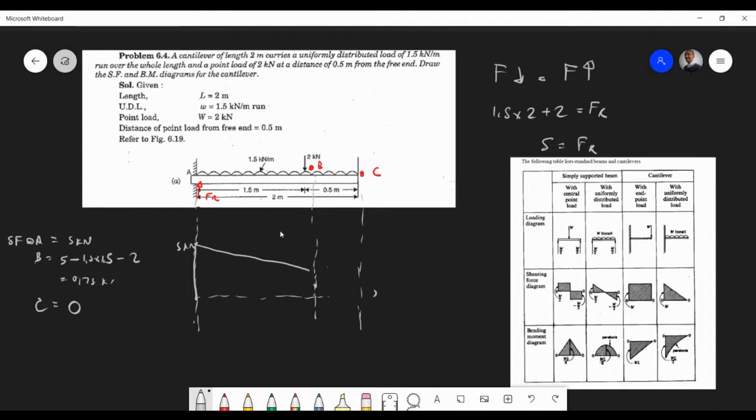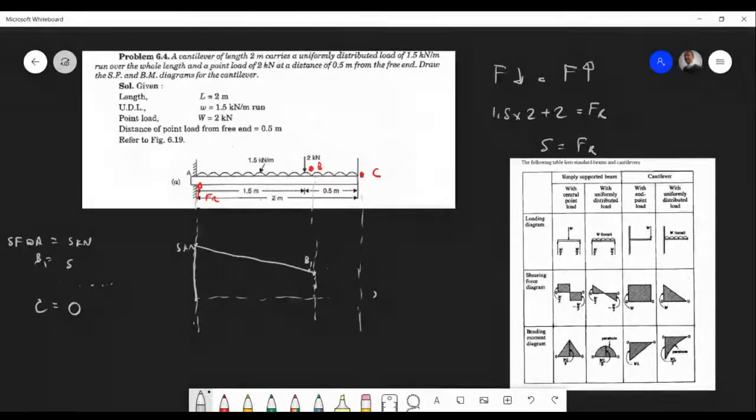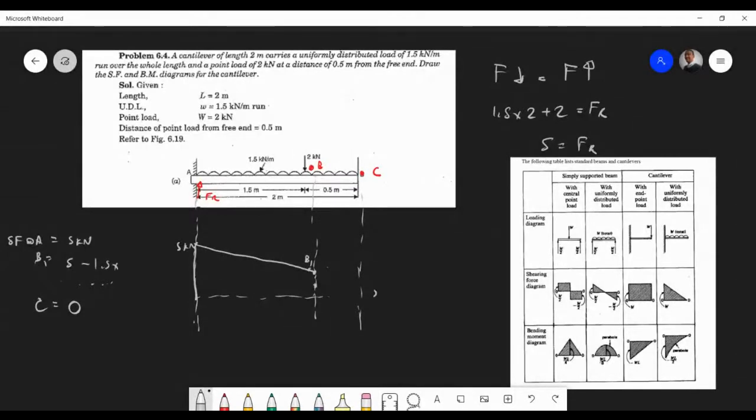So when we come over here, let's call this B1. Let's work out B1 quickly. B1 is just going to be 5 minus 1.5 times 1.5. You should then get 2.75 kilonewtons.